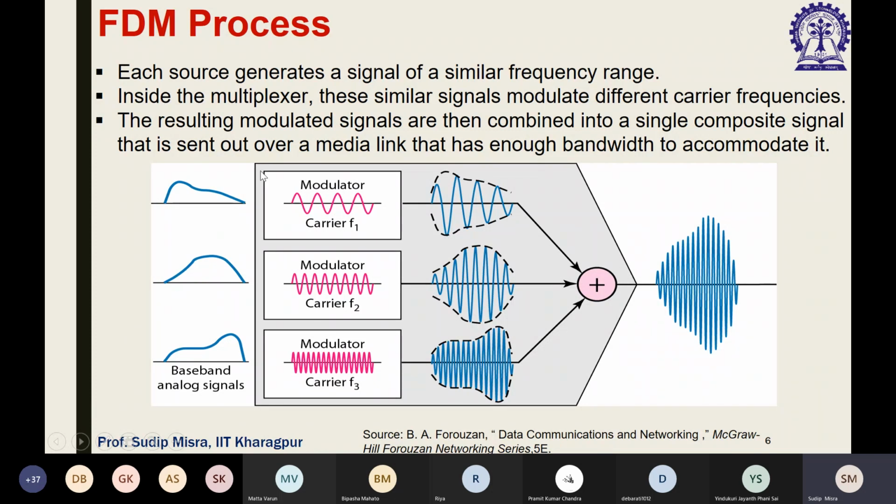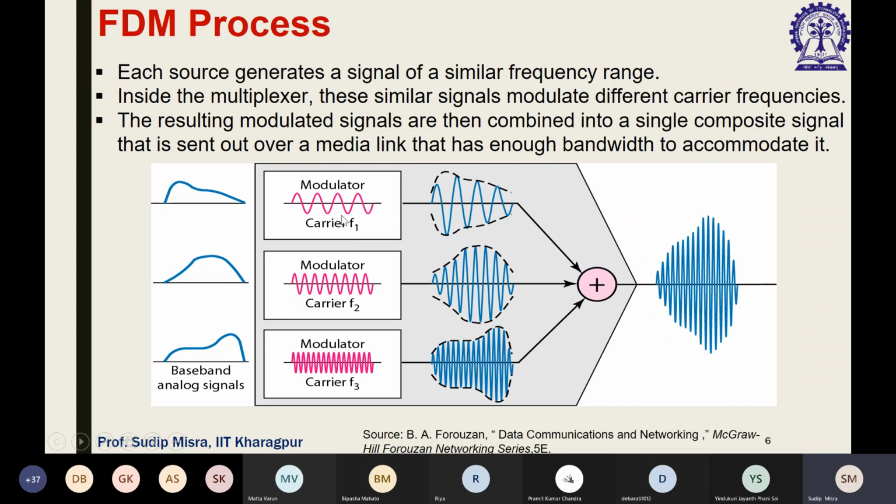Now this multiplexer is going to modulate every input signal over a particular carrier frequency. Input signal 1 is modulated over carrier frequency 1, input signal 2 over carrier frequency 2, and the process continues.